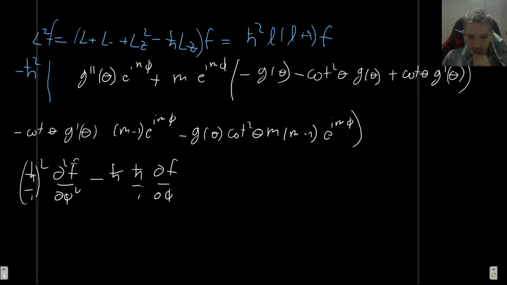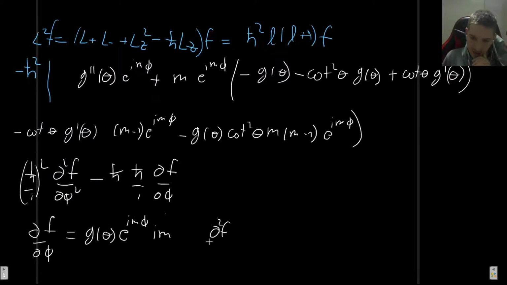So let's now find these. Well, actually we have already seen them, right? But just to make sure, df/dφ, this is simply g(θ) e^{imφ} times the derivative of this exponential, which is im, and the second derivative, d²f/dφ², this is going to be minus m² g(θ) e^{imφ}. So let's write these things into this.